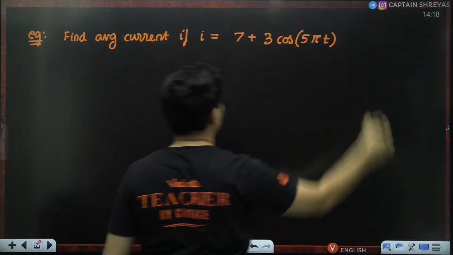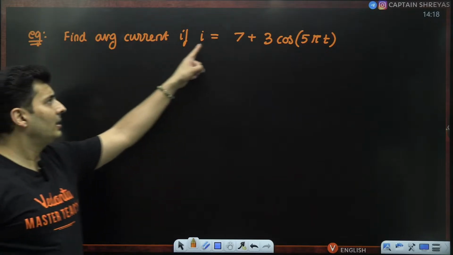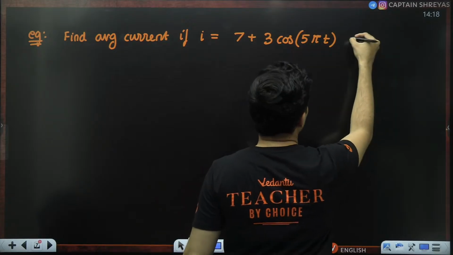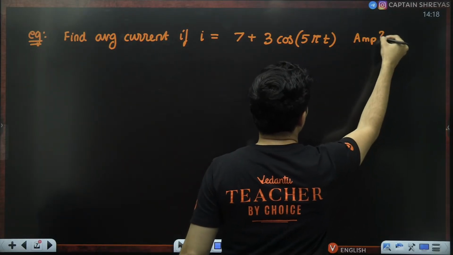That is what the question is. What is the average current if the current is 7 plus 3 cos 5 pi t amperes? Okay, that is the question.